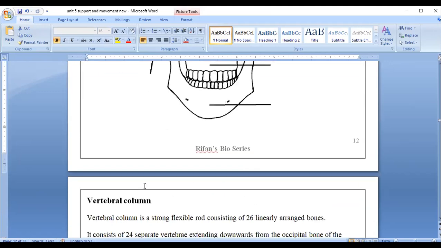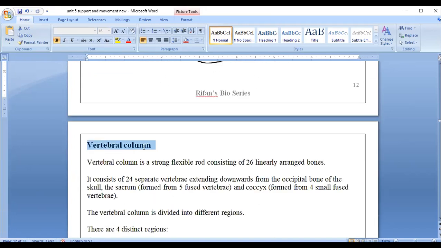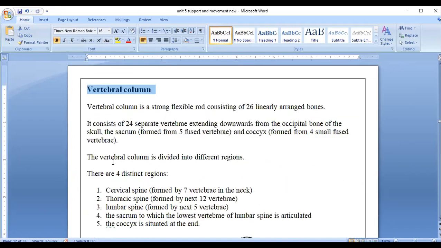Yes, sir. Right. So passing the skull portion, I am getting into the next heading. What is it? Vertebral column. Okay. If you take the human vertebral column, you can separate it into 26 pieces.